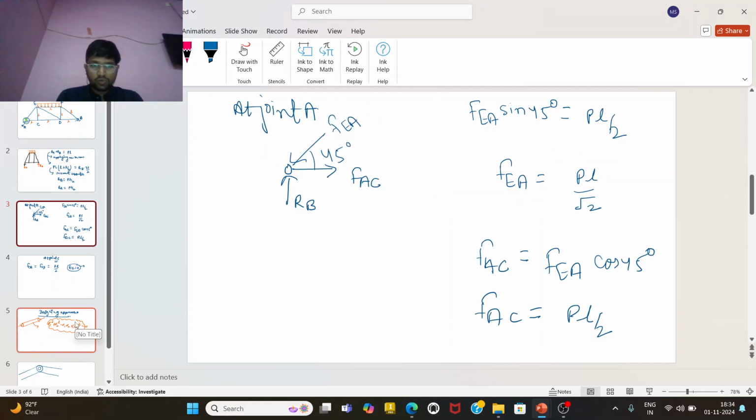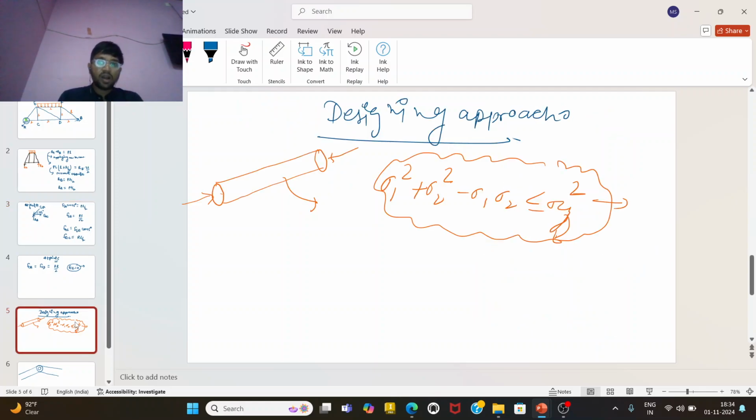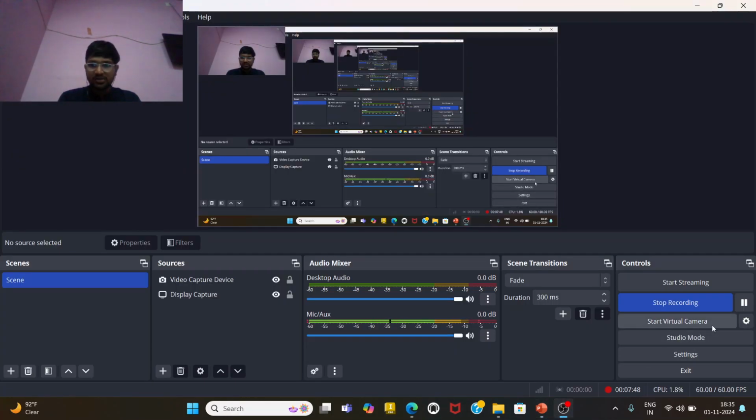This type of problem comes in the GATE examinations. Now we have done the simple analysis, and we understand the significance of this type of problem.